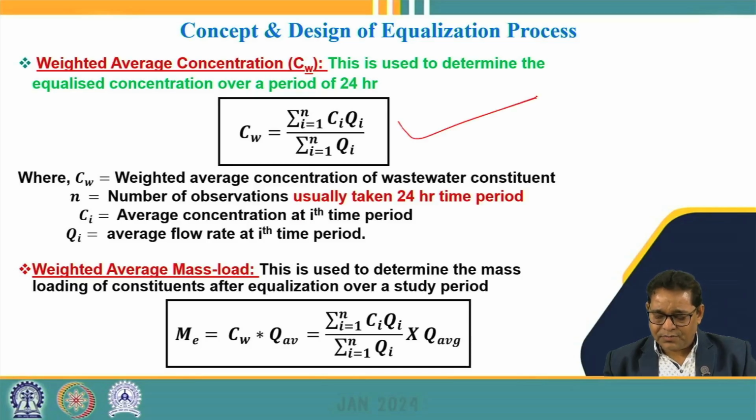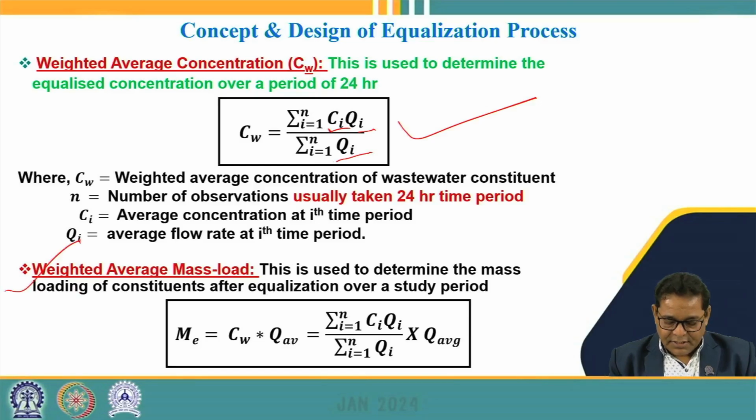Cw, the weighted average concentration, is equal to the summation of Ci into Qi divided by the summation of Qi, where Ci is the average concentration at the ith time and Qi is the flow rate in that particular ith period.